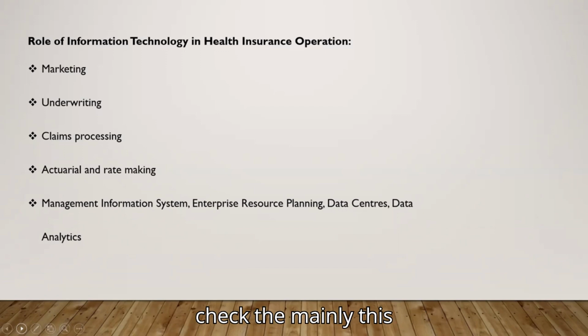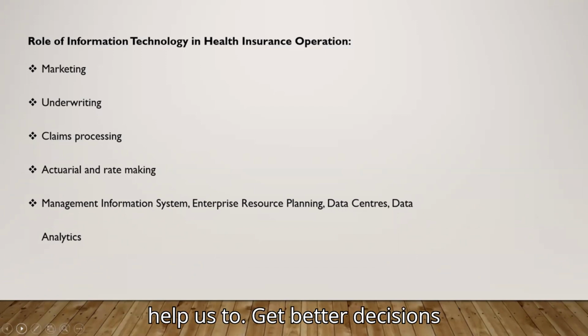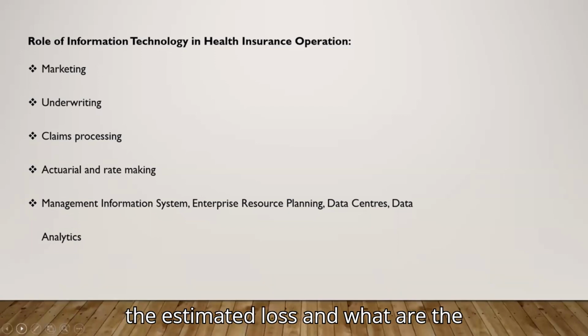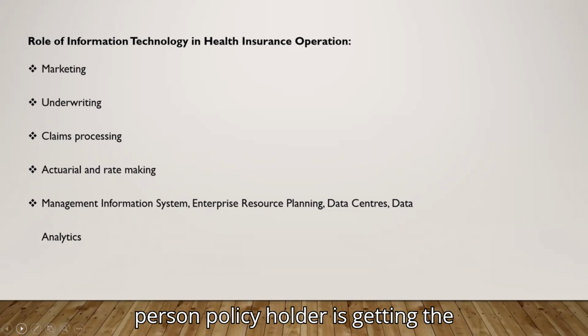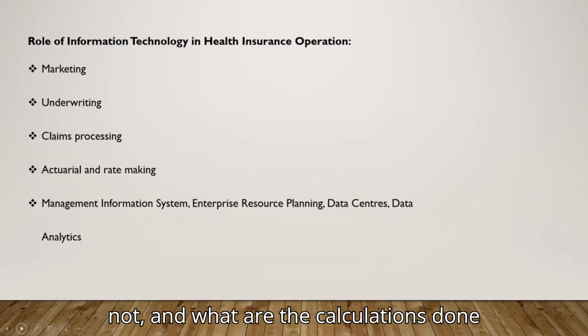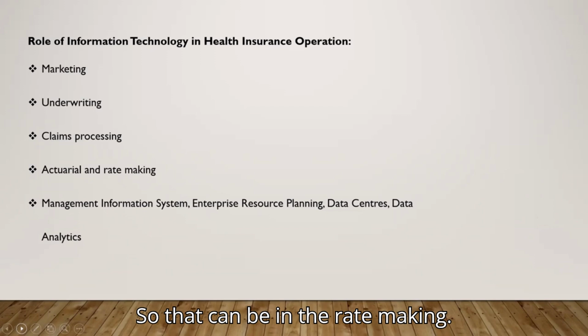It will help us make better decisions related to the estimated loss, the claims reserved, and the underwriting results, whether the policy holder is able to claim the process or not, what calculations are done under the policy, and what the large volume of data is. So that can be in the rate making.